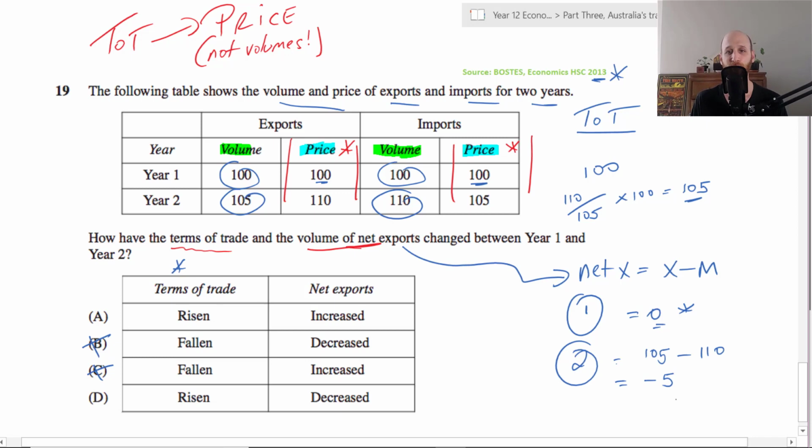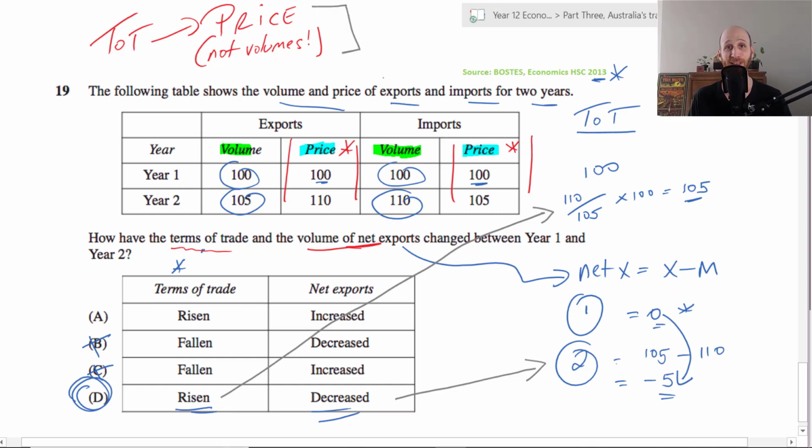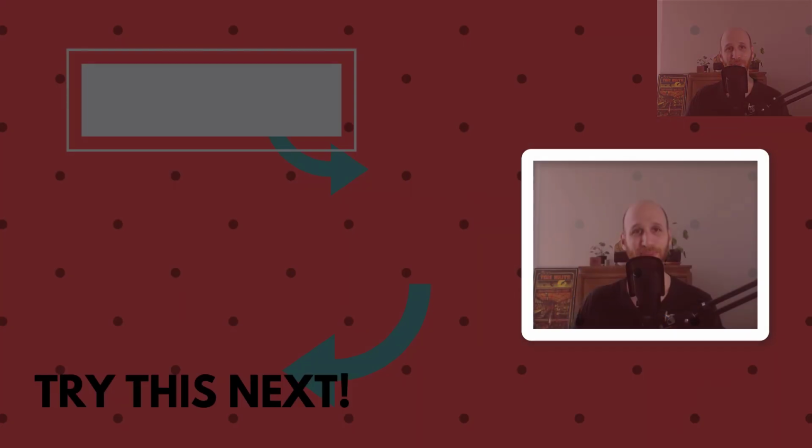So net exports is -5. So you can see from 0 to -5, net exports has actually fallen. So just to clarify, this risen part relates to here, and this decreased part relates to here. And this is an excellent example of how the terms of trade is about price and not volumes.